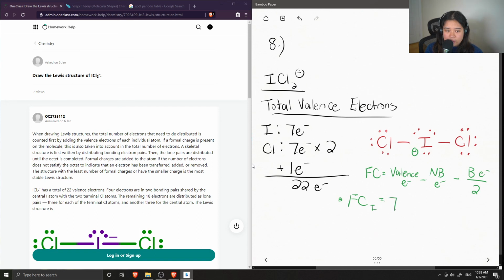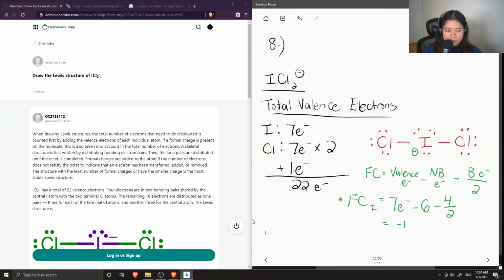Iodine has 7 valence electrons. The number of non-bonding electrons is the total of electrons in the lone pairs. So we have 1, 2, 3, 4, 5, 6. And then the number of bonding electrons, so there are 2 bonds, so there are 4 bonding electrons divided by 2. So 7 minus 6 minus 2 is -1.